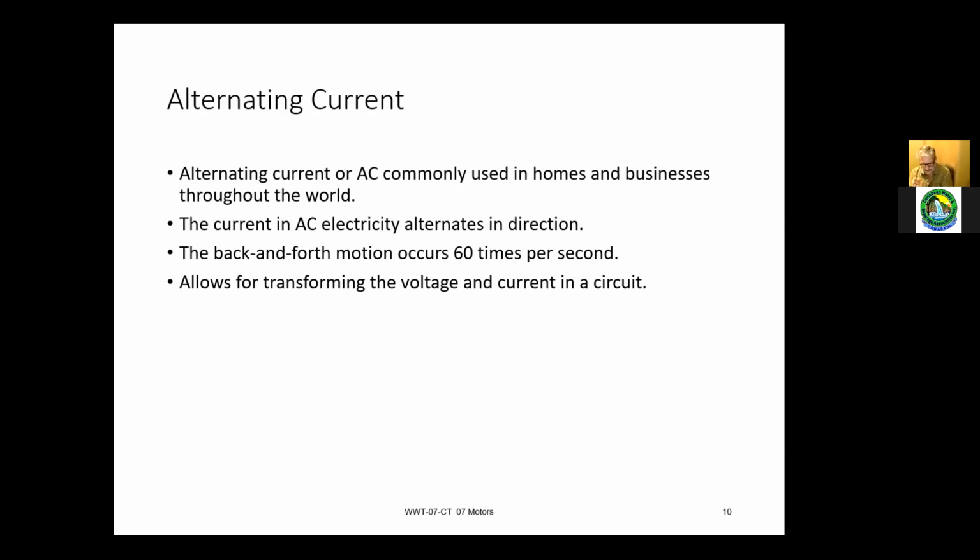What's special about AC is the voltage can be readily changed, making it more suitable for long distance transmission lines. So you can easily put more down that line with an alternating current. You may have transformers at the other end to step it down, depending on your facility. If you're a 600 or 480 volt facility, your incoming power is much higher than that, and then it's transformed down to 480 or 600, for example, to run your equipment.